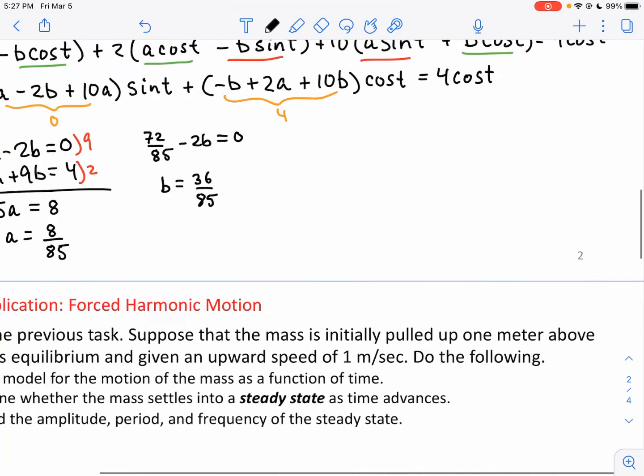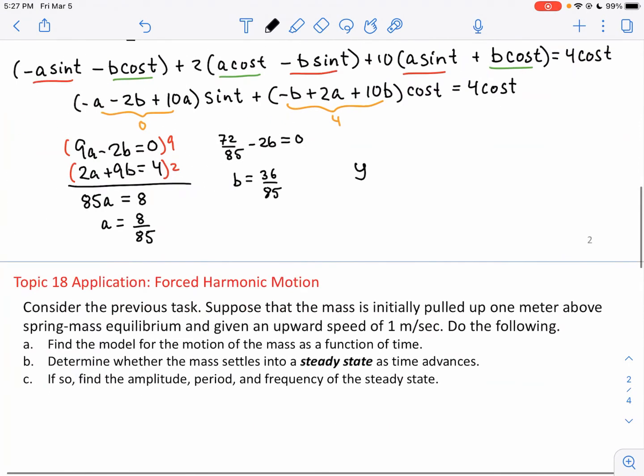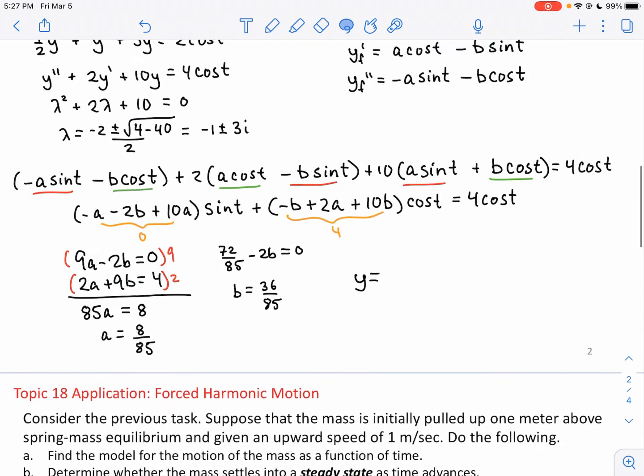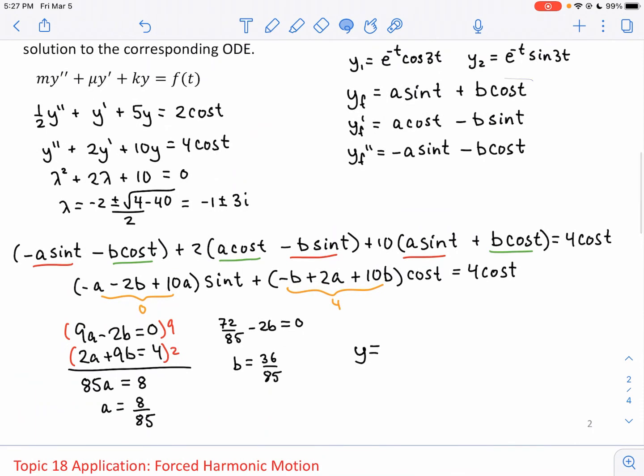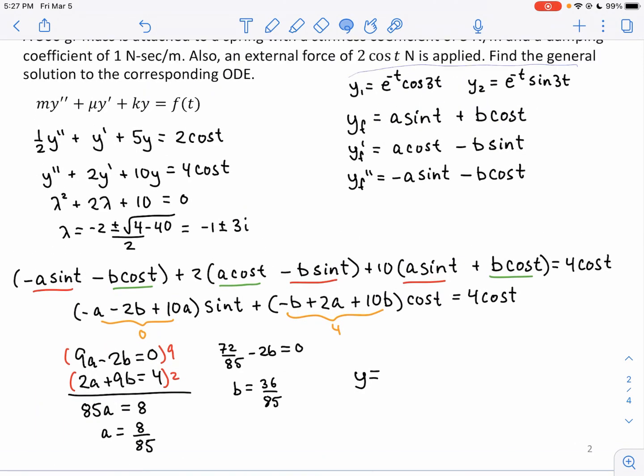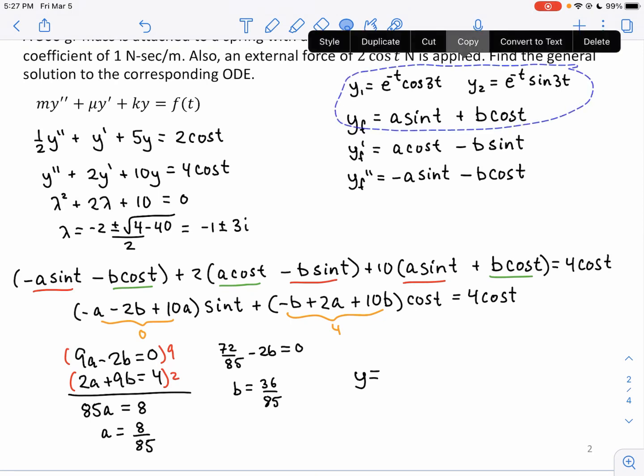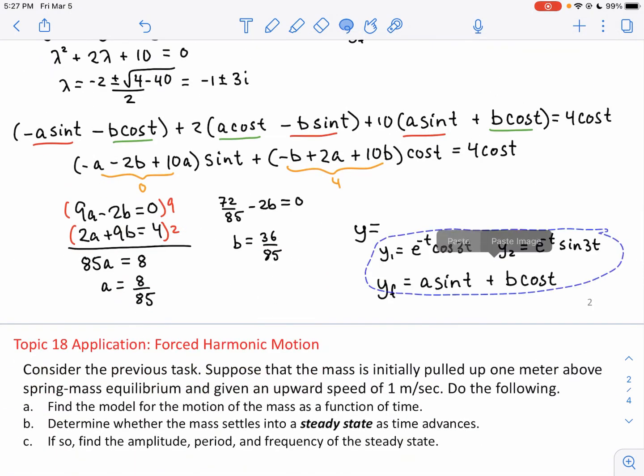Now I'm able to construct my general solution. Y is equal to... So we go back to our particular solution right here. We'll start with that. In fact, I'm going to be using all of these pieces right here. I'm just going to copy those and bring them down. I don't need to have these things written.